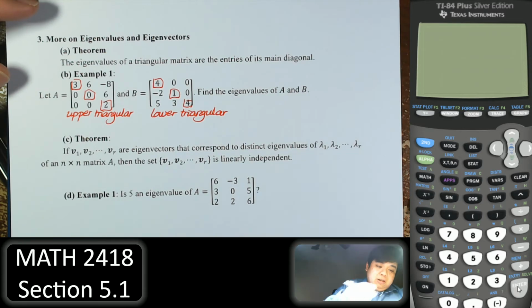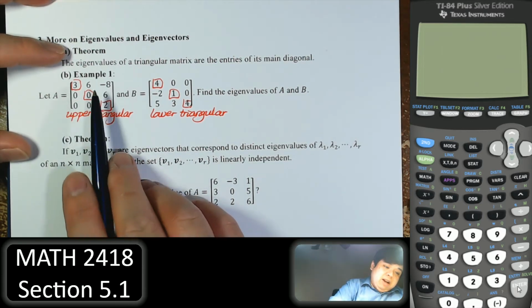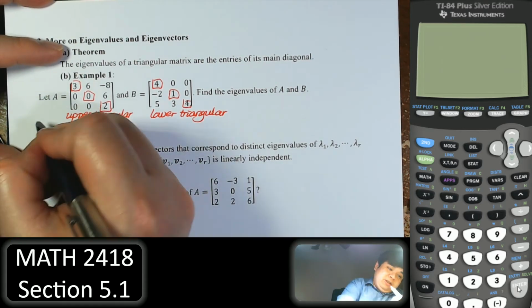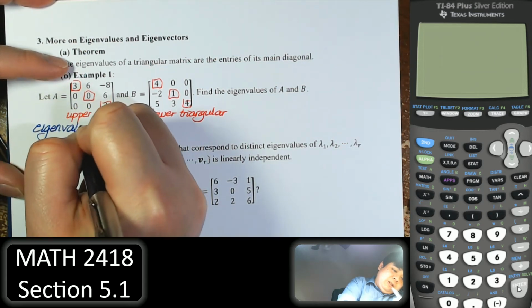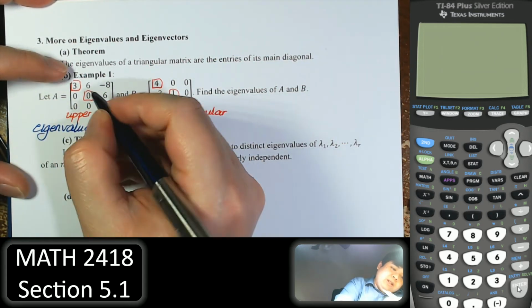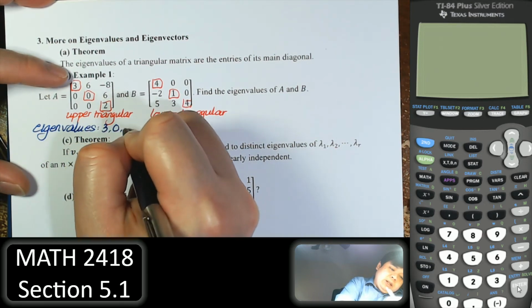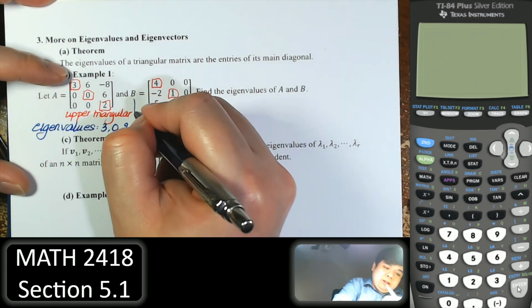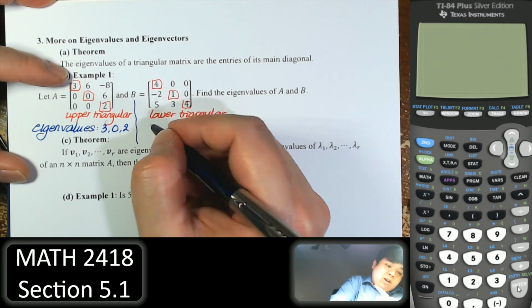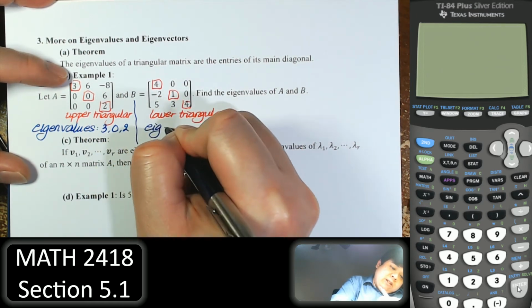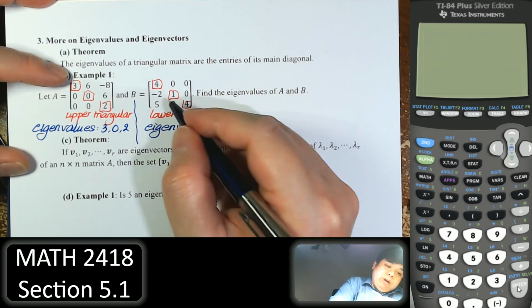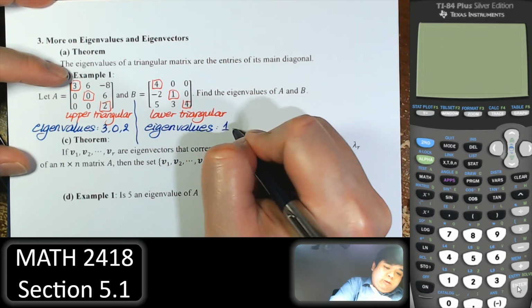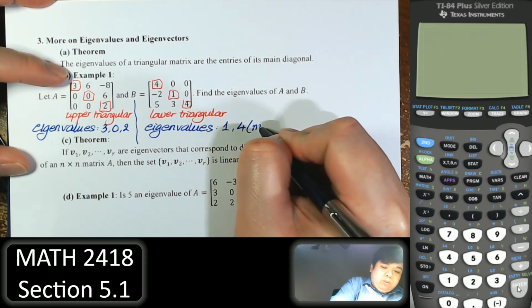If it is triangular, then the eigenvalues will be the diagonal entries. So the eigenvalues are 3, 0, and 2. And for this lower triangular matrix, the eigenvalues will be 4, 1, and 4, so we say 1 and 4 with multiplicity of 2.